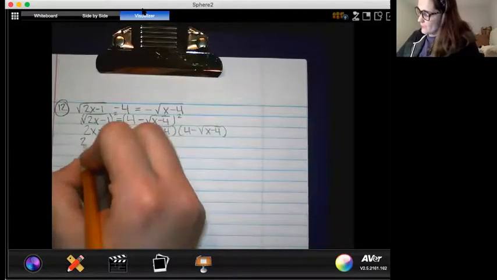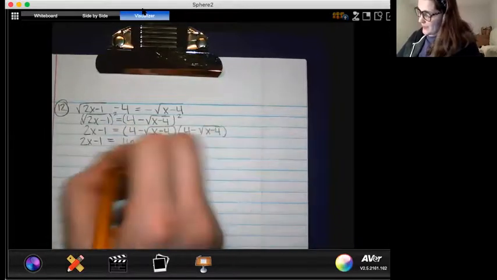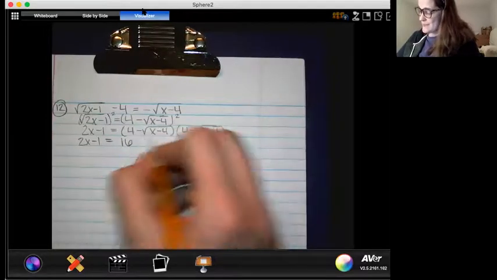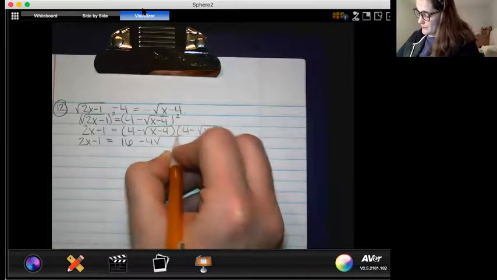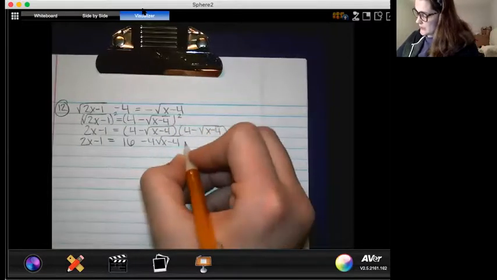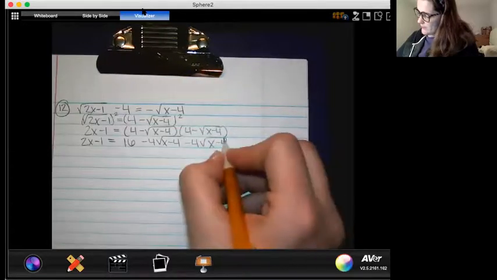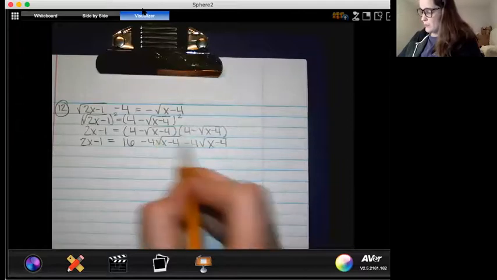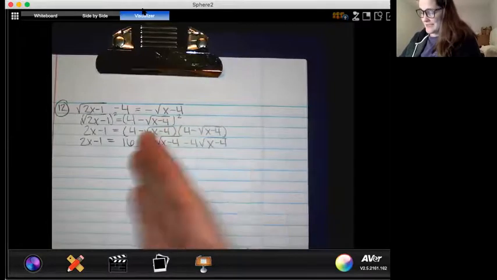So now I need to FOIL. So 4 times 4, and then I get 4 times negative square root of x minus 4, which would be negative 4 times square root of x minus 4. And that happens twice. Okay, now I'm not actually going to square or multiply what is in the radicals because I know I'm multiplying by itself.